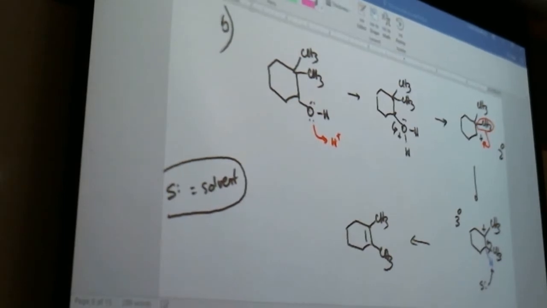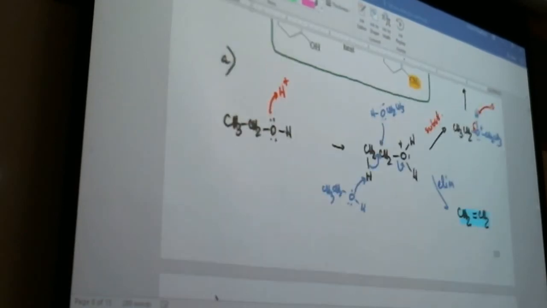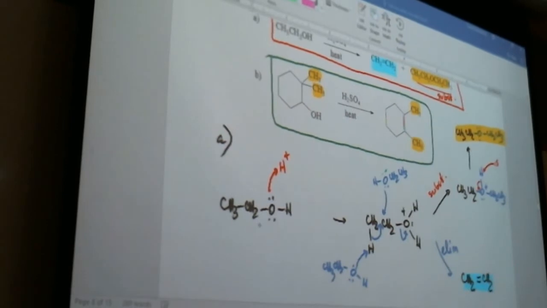Whatever the solvent happens to be. So on a test, can we write that, or do you want an actual solvent? In here, it's obvious that the ethanol is serving both as a substrate and as a solvent. But if you had put S here, I'm happy with that.